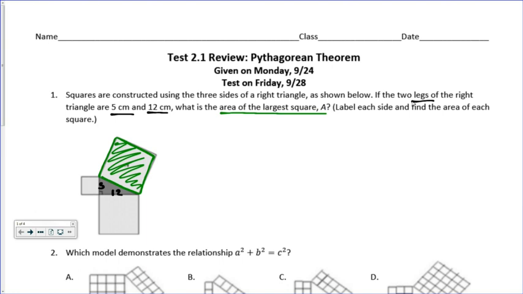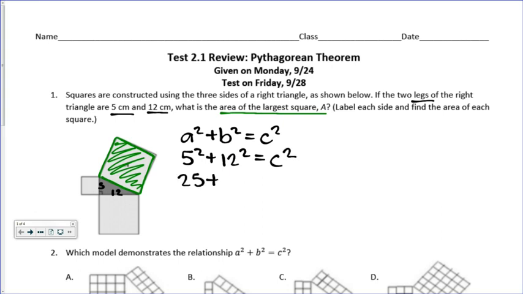Pythagorean theorem says that a squared plus b squared equals c squared. It's basically telling you the area of each of these 2 smaller squares will add together and give you the area of the larger square. So we have 5 squared plus 12 squared equals c squared. 5 squared is 25. 12 squared is 144 equals c squared.